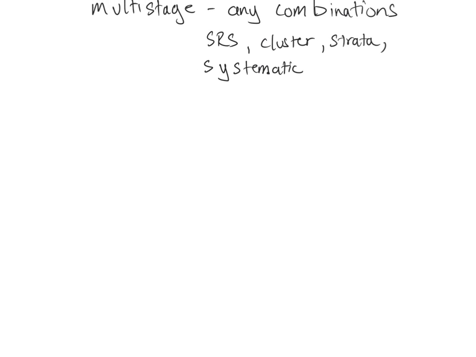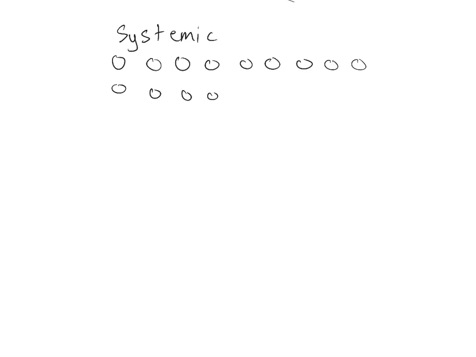And that one here next is basically we're going to go with a pattern. So systematic is if you had a whole group and we're going to start, and it works with a pattern and you determine that pattern.